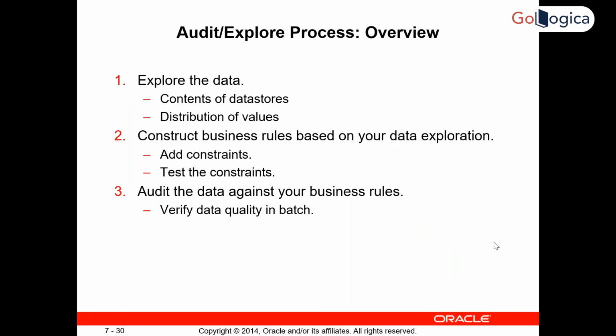For that, I need to explore the data, see the data values and how the values are distributed. Based on that, we add the constraints and test them. By that, we see the quality of the data in the database we are trying to propagate.